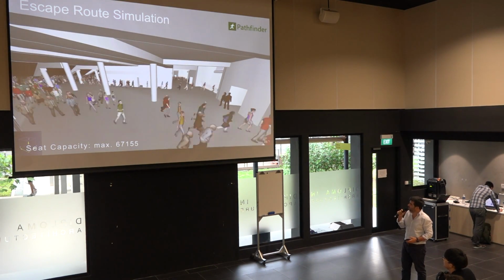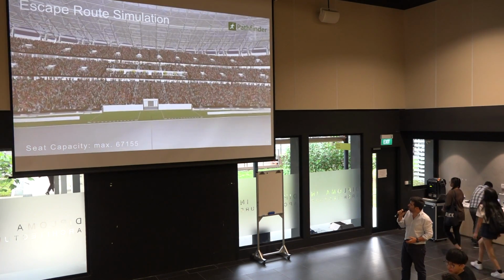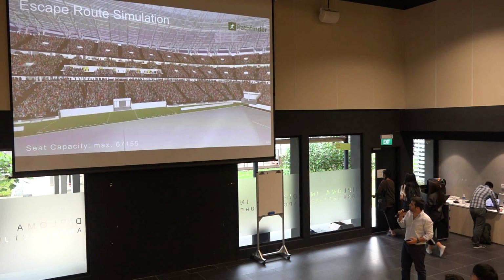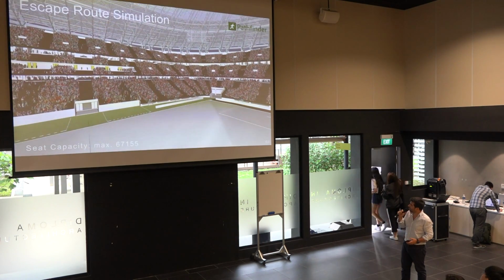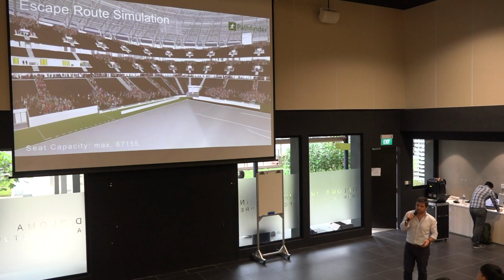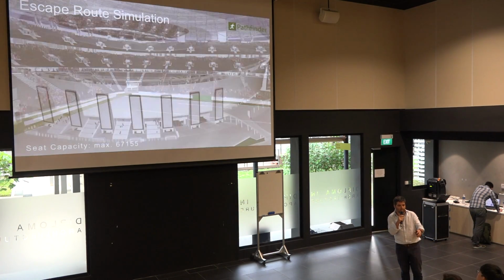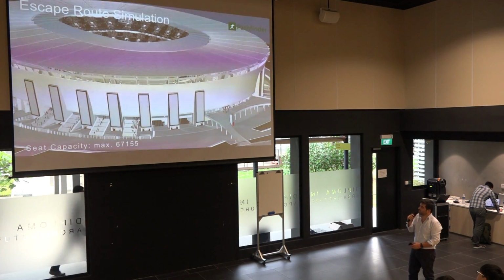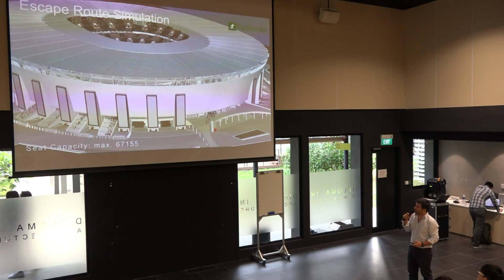You see, basically it takes over 2 minutes to get everybody out. So with this you can identify, probably I need one more exit at this level or one more exit at that level. Okay?